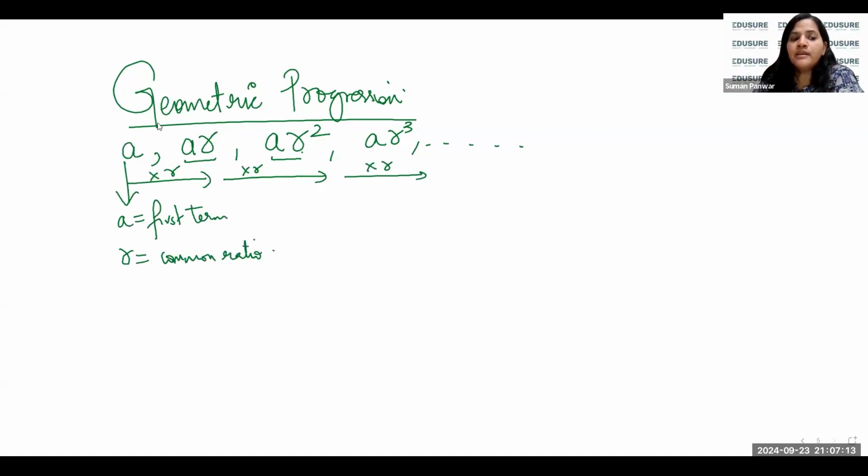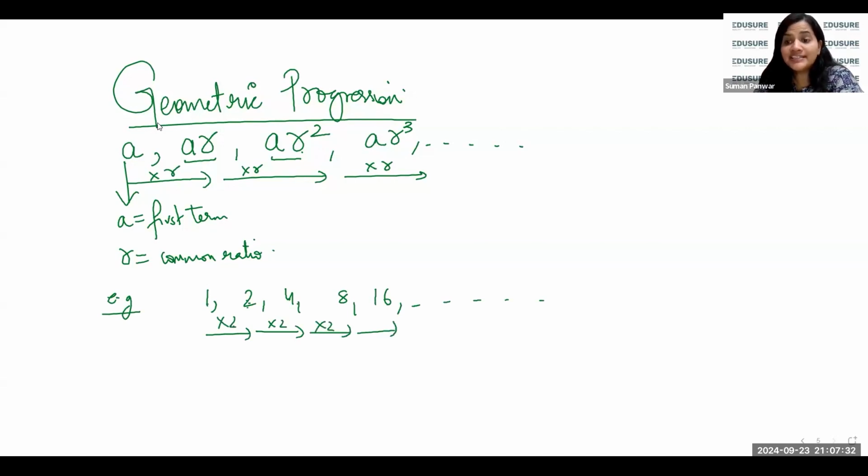For example, take 1, 2, 4, 8, 16 and so on. Notice, when I multiply 1 by 2, I get 2. When I multiply 2 by 2, I get 4. When I multiply 4 by 2, I get 8. When I multiply 8 by 2, I get 16. So at every step, I am multiplying by a particular number.